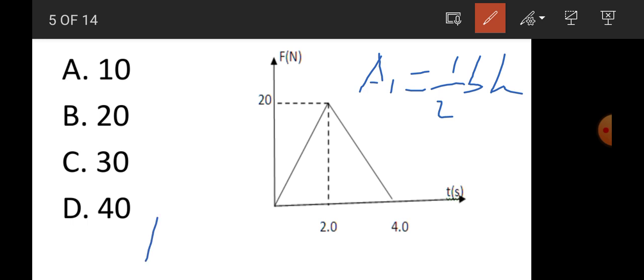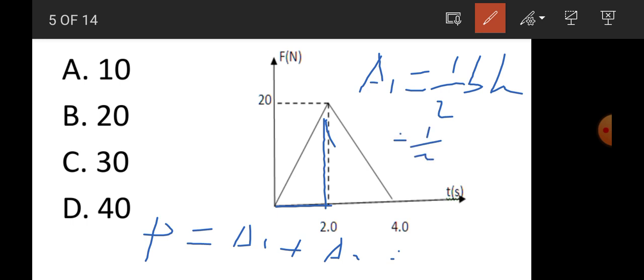The base is 2 and the height is 20. So 1 over 2 times 2 times 20, which gives 10.